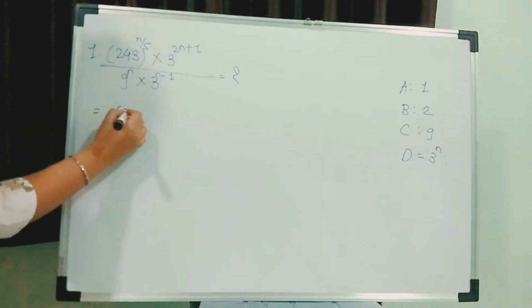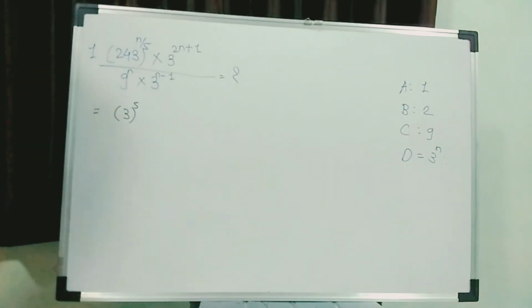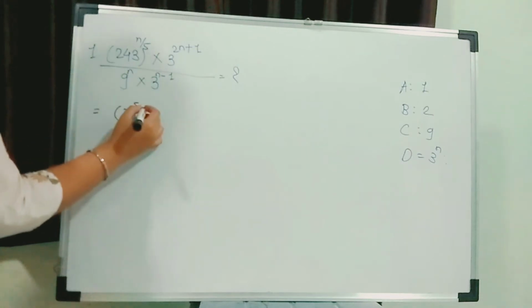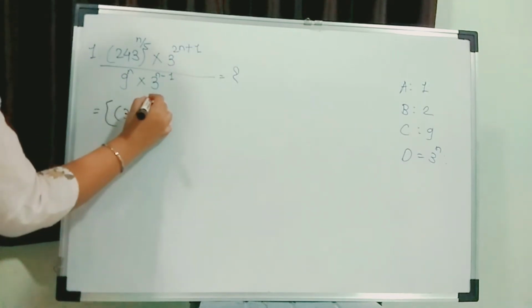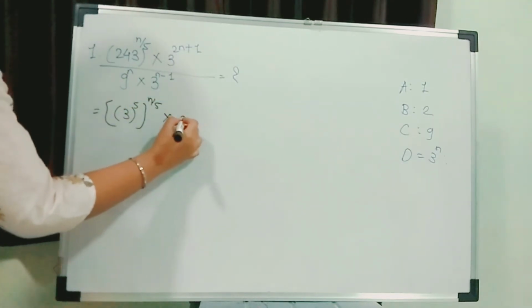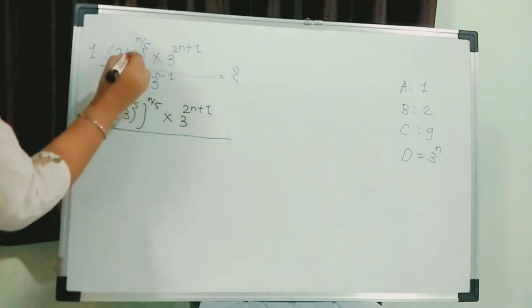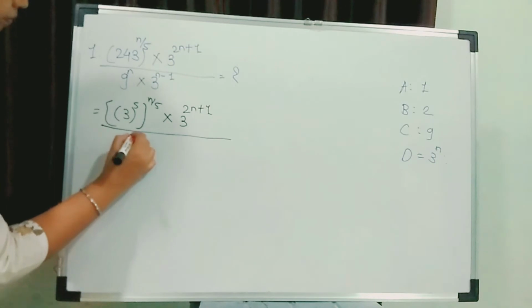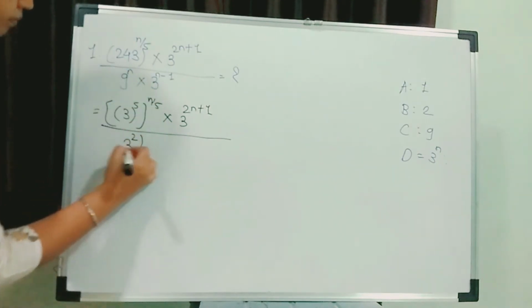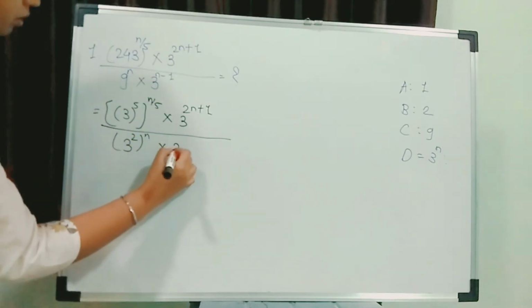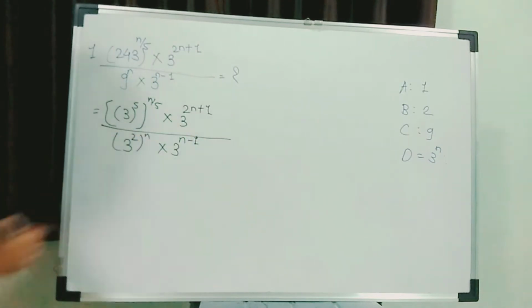243 means 3 raised to 5, means 3 into 3 into 3 into 3 into 3 is equal to 243, and this n upon 5 I will write here, into 3 raised to 2n plus 1 upon 9 means 3 square raised to n, into 3 raised to n minus 1.